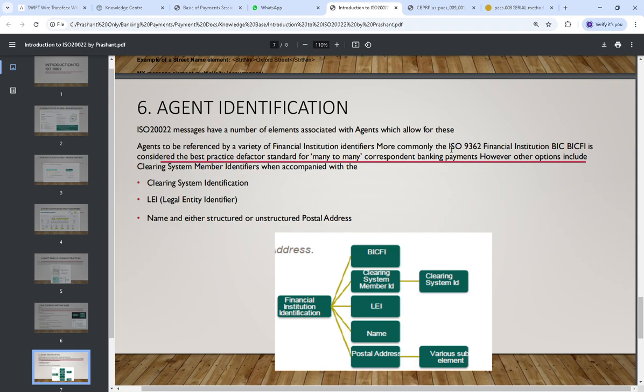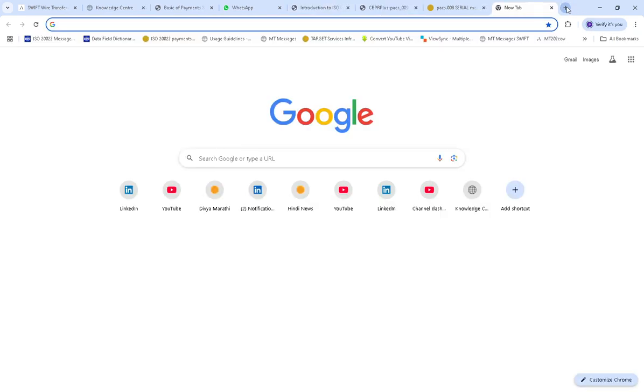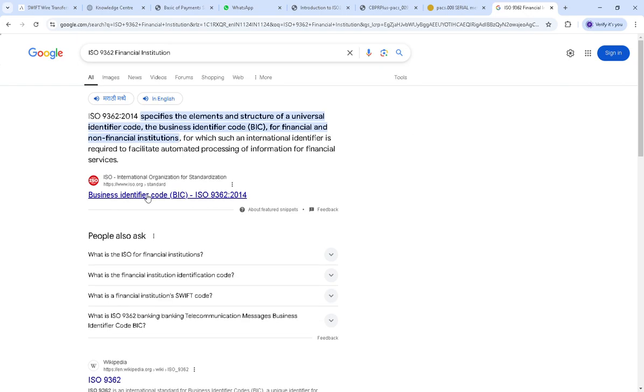There is the ISO series 9362 which refers to BIC. Like that, there is ISO 20022 and ISO 8583 for cards, and ISO 9362 for financial institutions. It specifies the element and structure of a universal identifier code, which is BIC, the business identifier code for financial and non-financial institutions for which an international identifier is required to facilitate automated processing of information for financial services.